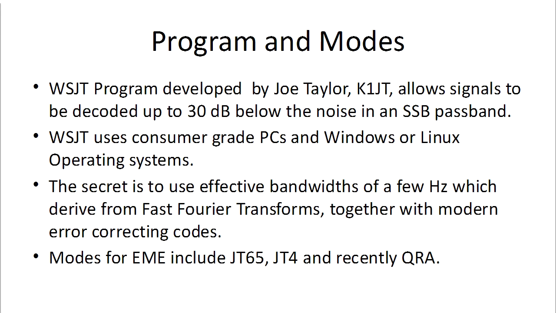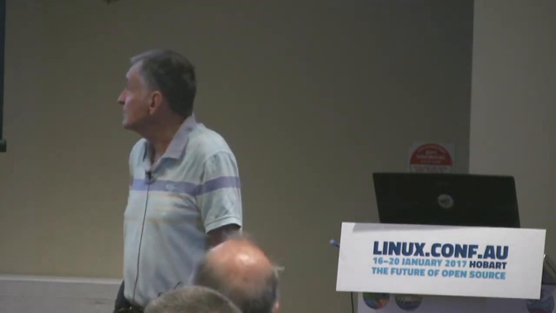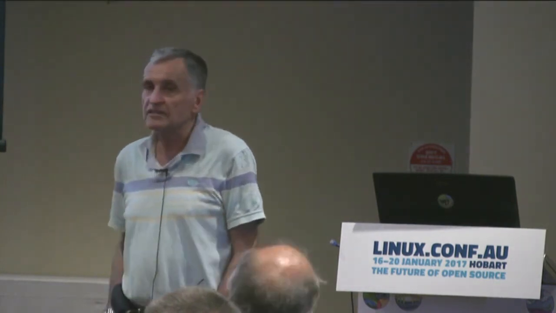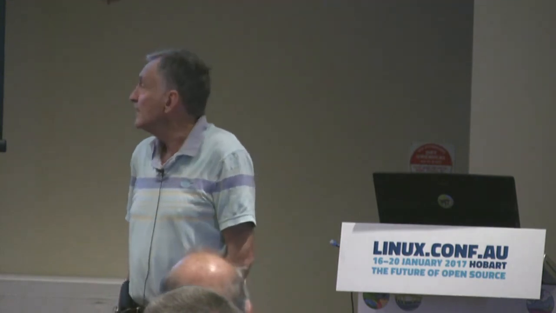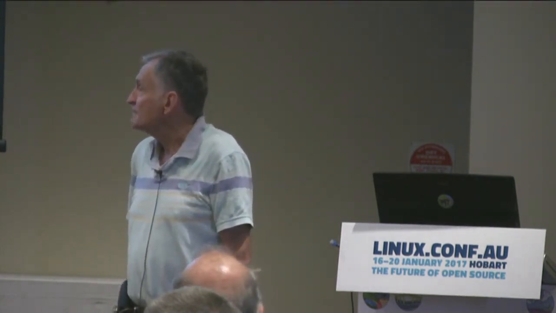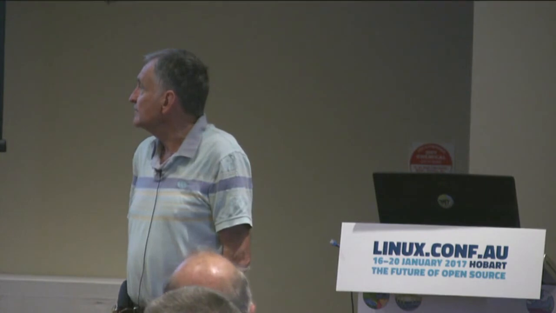Just recently, this QRA mode, QRA stands for Query Repeat Accumulate Code, and it's a modern communication technique which gets you closer and closer to the Shannon limit. Shannon's got a lot owing to us because he's put a cap on what we can do, and we're within a couple of dB of that at the moment.